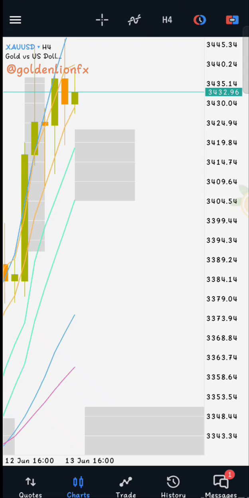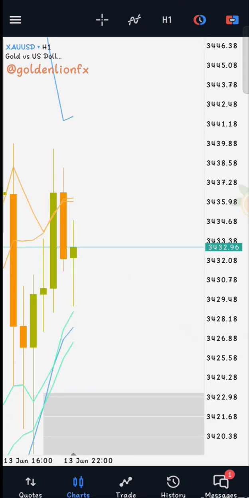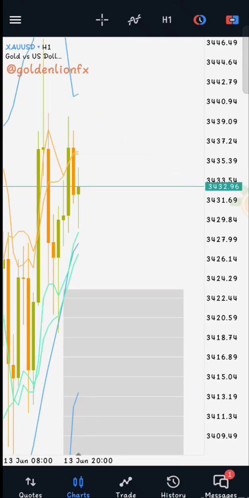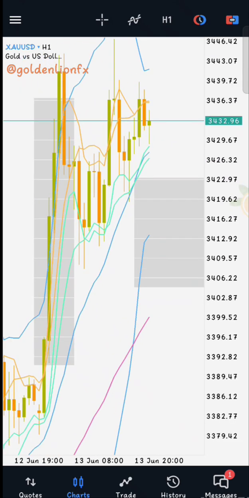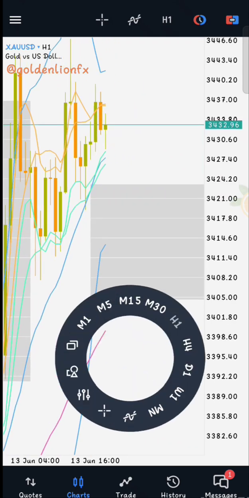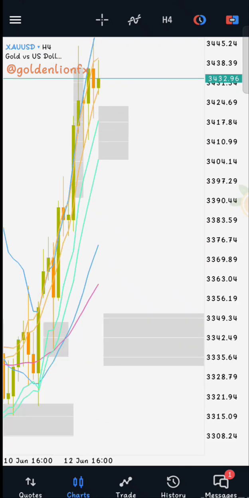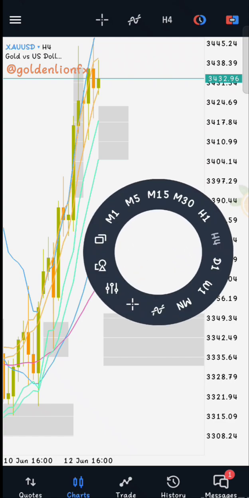Also, as you know, guys, or in case you didn't know, BBMA is a multi-time frame strategy. And the other thing you should know is that, for example, this H4 time frame, you could note this down, it tells us the weekly trend.